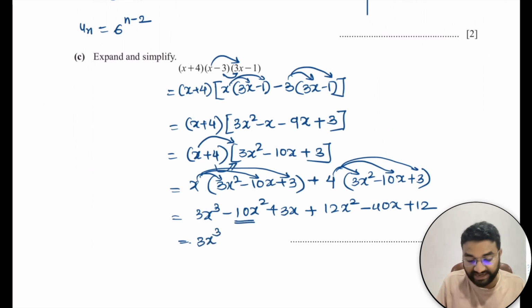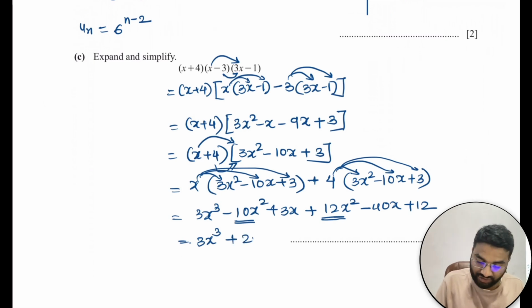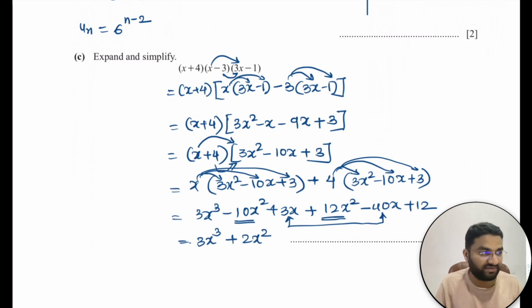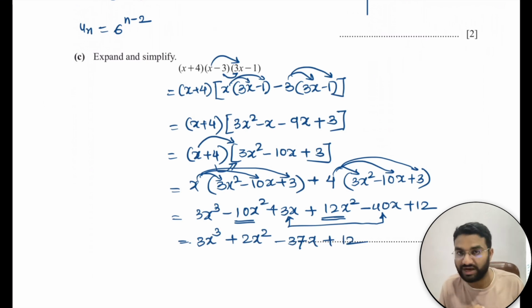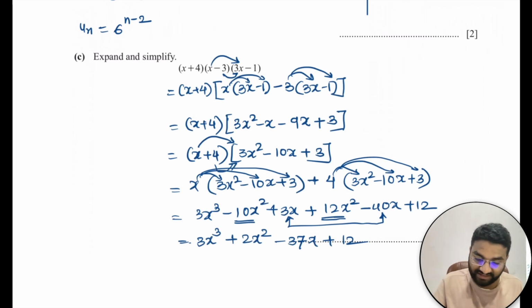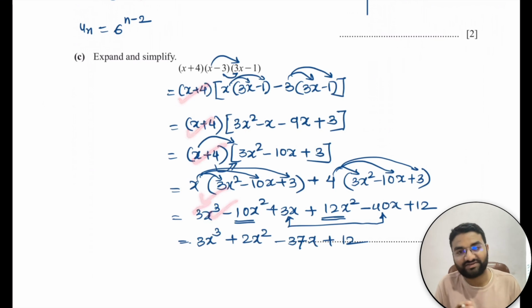Then we have negative 10x square and positive 12x square, which becomes positive 2x square. Then we have 3x minus 40x, which is minus 37x, and lastly positive 12. This is the answer, and this is for 3 marks, so you have to write these many steps. Until and unless you write these many steps, you may lose marks.